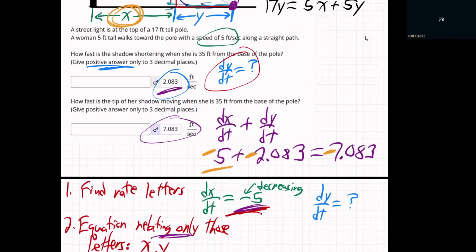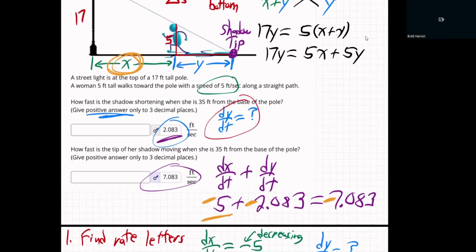So together, her shadow's moving on the ground closer to that pole 7.083 feet per second. But they want the positive answer. So there we go. Because both this is shrinking and this is shrinking, together they make the tip move along the ground at those combined speeds. And there we go.